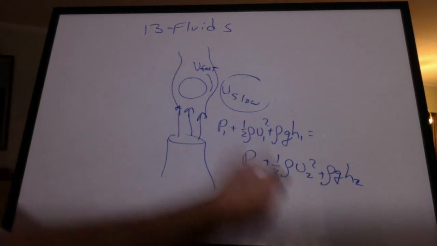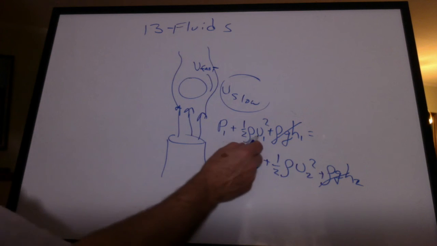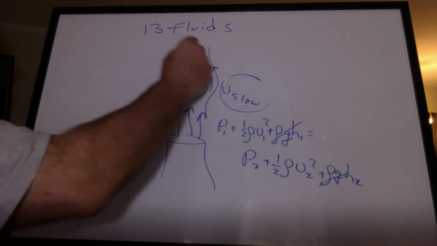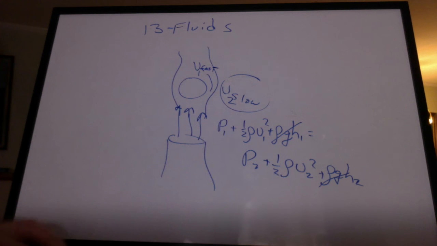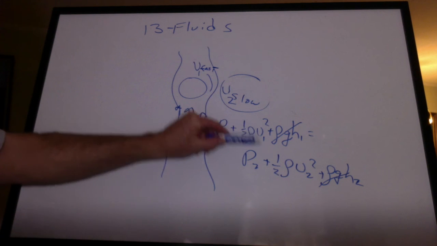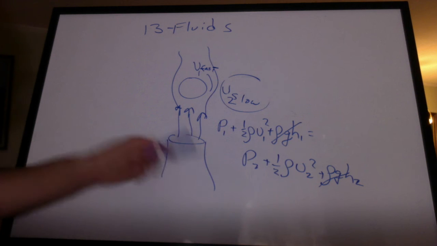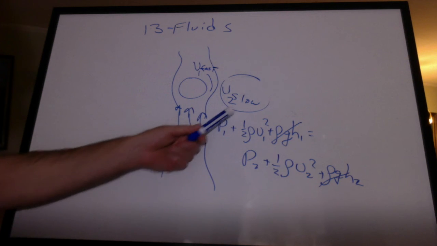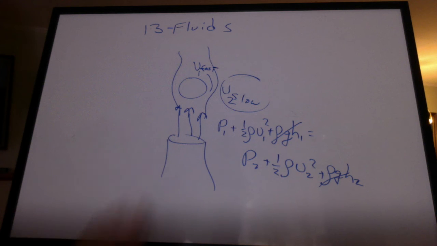We're not changing our height. That goes away. But the velocity is changing. So if this is 1 and that's 2, we can see that if the velocity slows down, the pressure will increase. And so the air pressure out here is actually higher than the pressure in the stream. So if the ball starts to come out, it tends to bounce right back in.